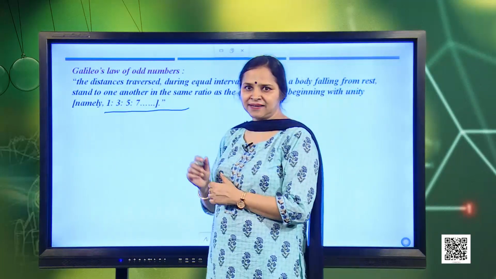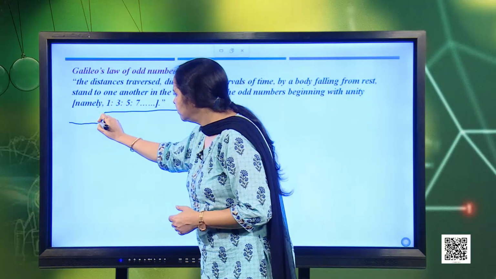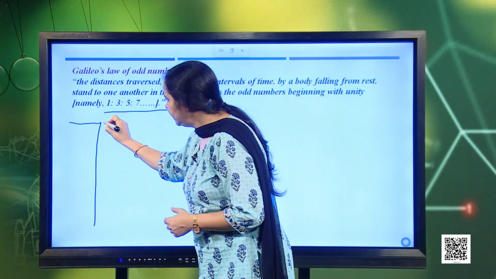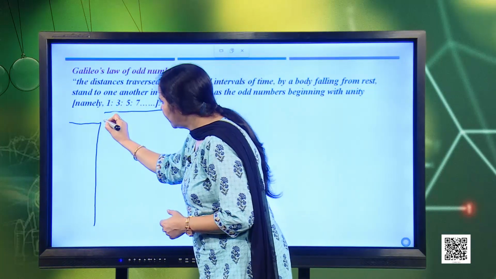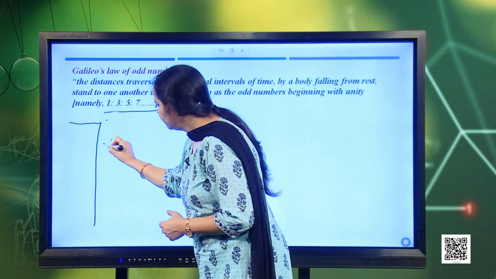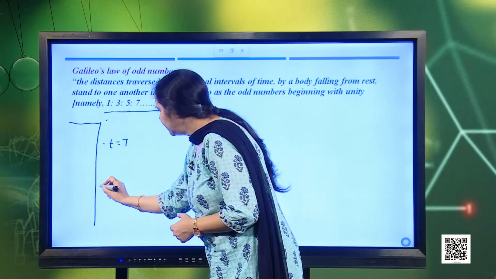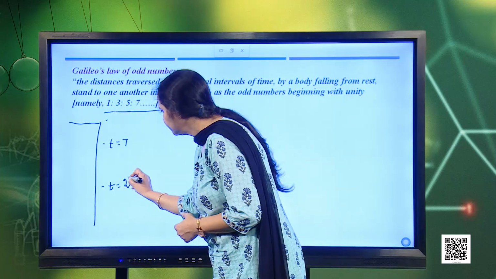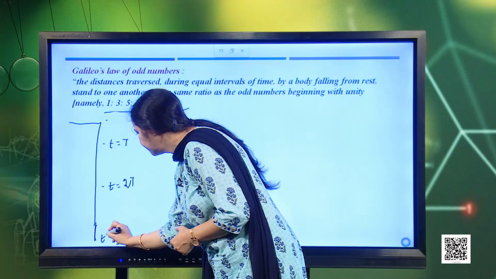For this, again I consider a situation. Let's say a body is falling freely from this height. Initially I consider a time of small t, equal to capital T, then after another equal time interval, when time becomes 2t, and then when time becomes 3t.